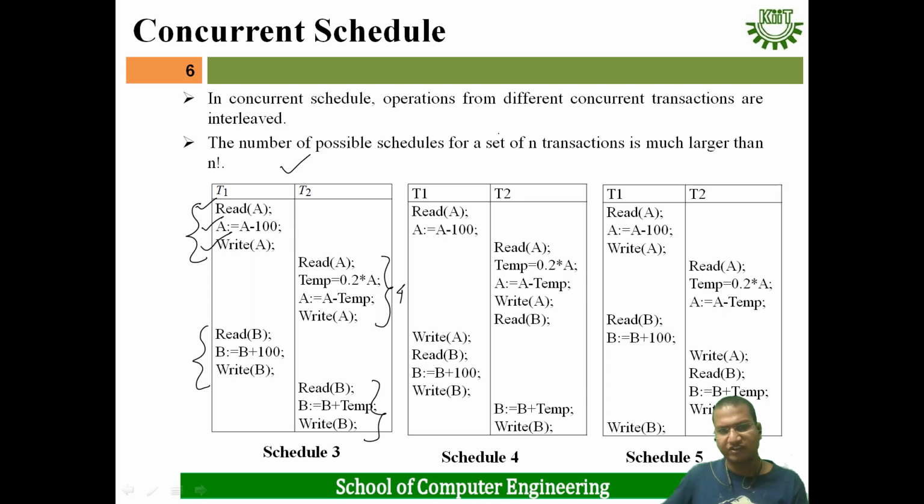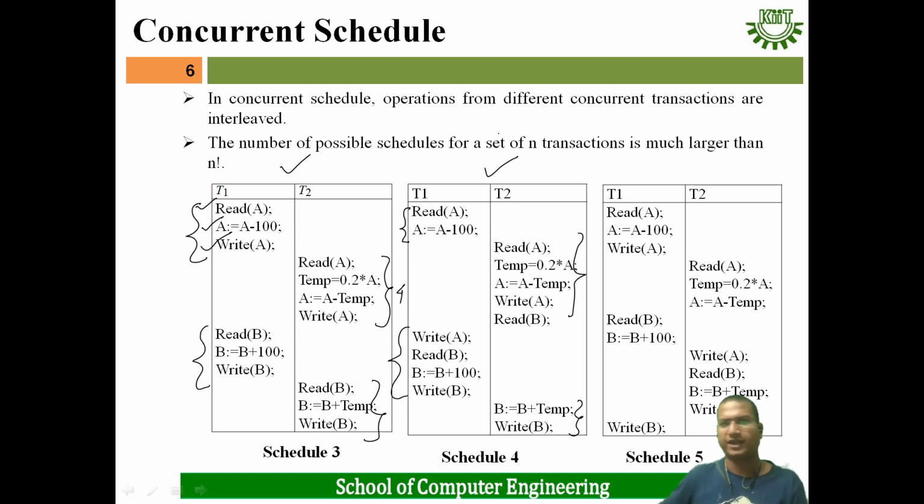Schedule 4 is also an example of a concurrent schedule. Here the first two instructions of transaction T1 are executed, then five instructions of transaction T2, then the remaining four instructions of transaction T1, then the remaining two instructions of transaction T2.